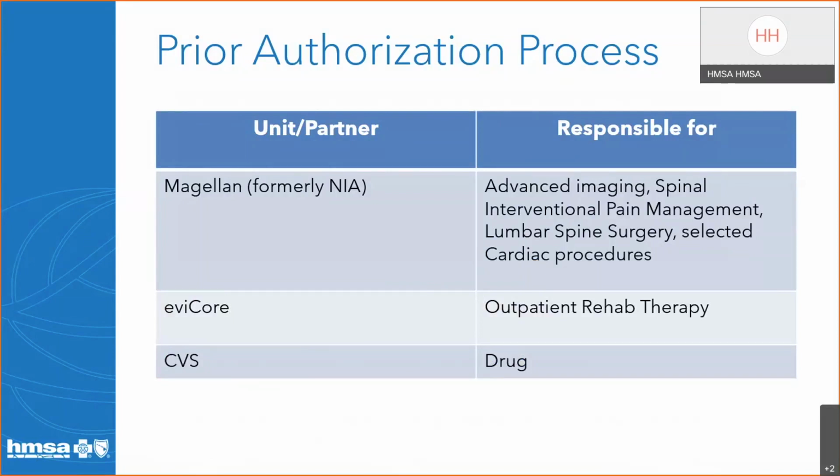So to promote the appropriate utilization of advanced diagnostic imaging in cases where traditional imaging would provide sufficient diagnostic information to treat the member, or where another imaging study would be more appropriate based on the patient's condition, HMSA has contracted with National Imaging Associates, Magellan, or NIA Magellan, to provide pre-certification services.